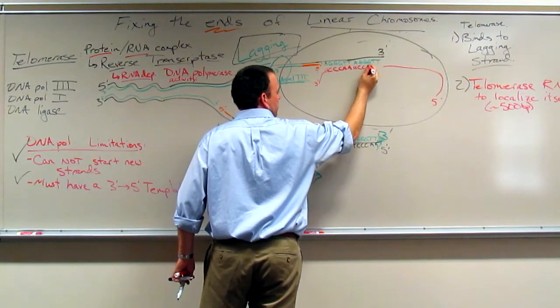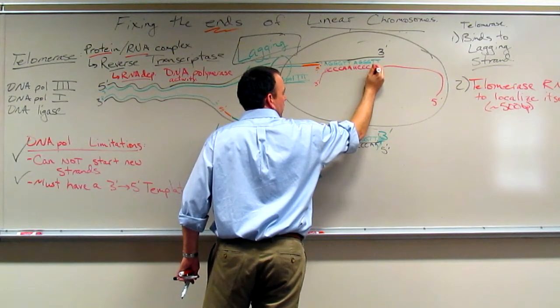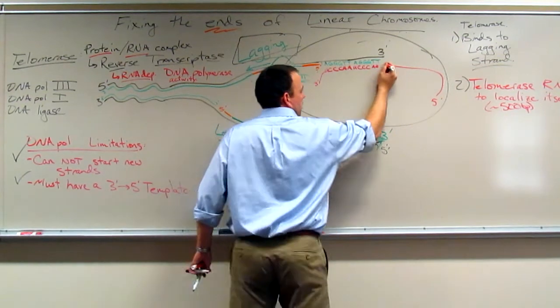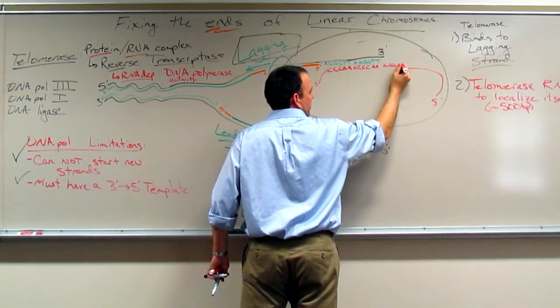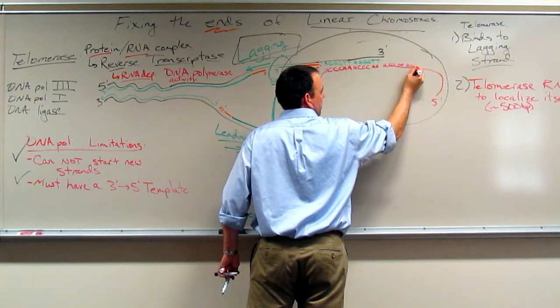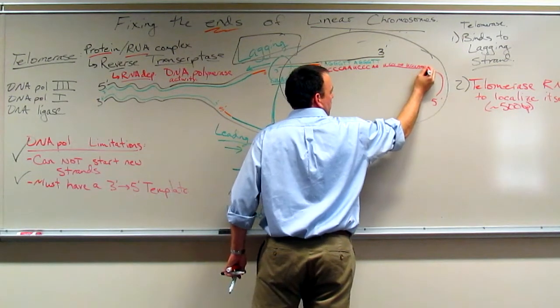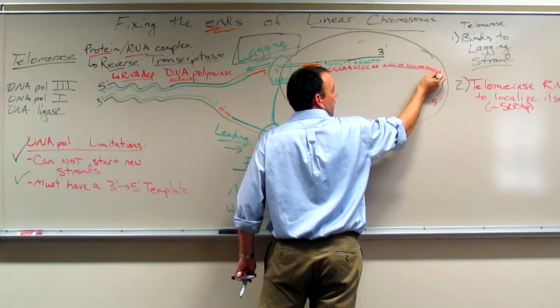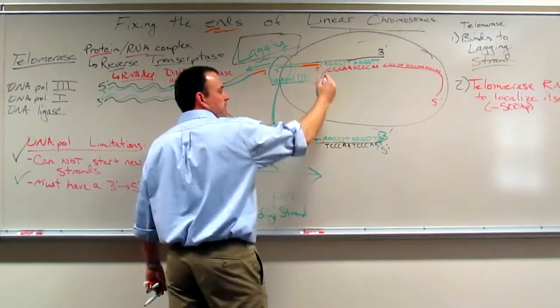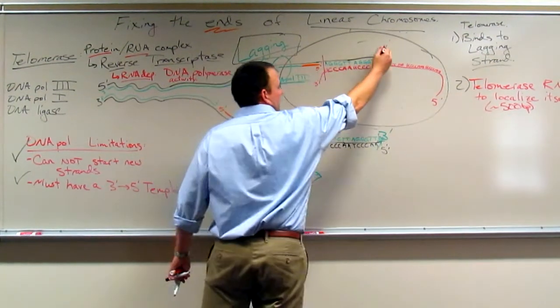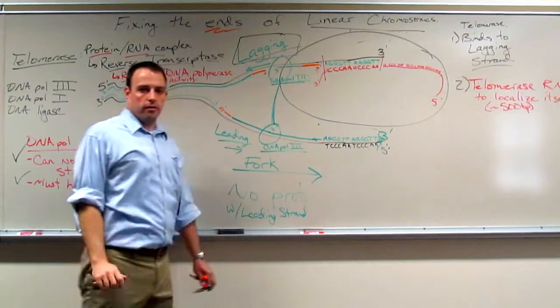C, C, C, A, A, U, C, C, C, A, A. It got here through complementary base pairing with the linear end of the chromosome.